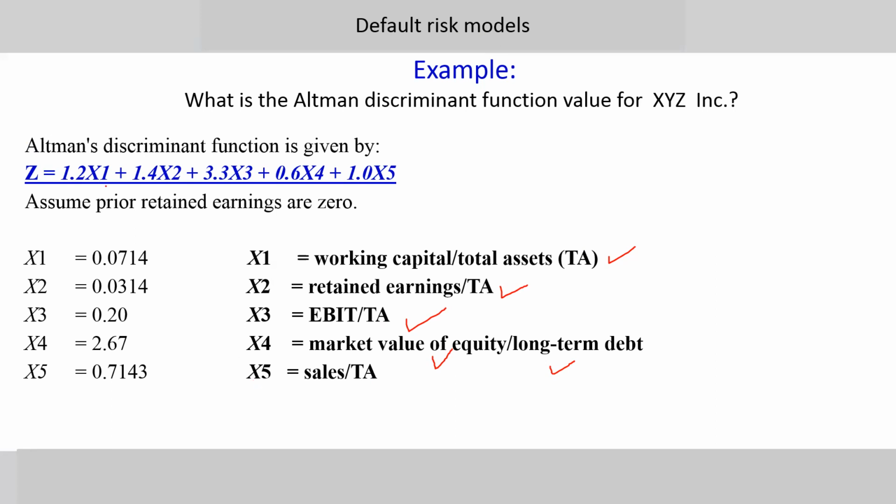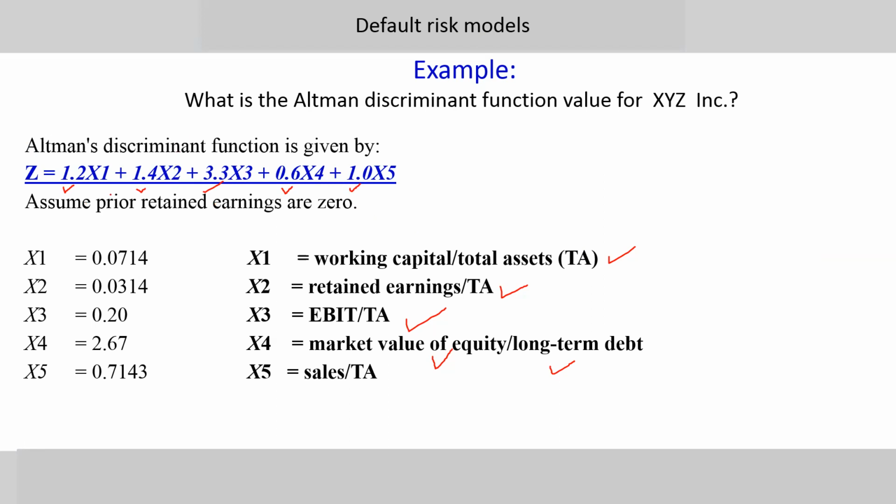Now I can calculate it because we have the coefficients here. The coefficient here is 1.2, so I will put X1 here, and then 1.4, 3.3. These are given by the publisher and producer of this model, coming from the industry.